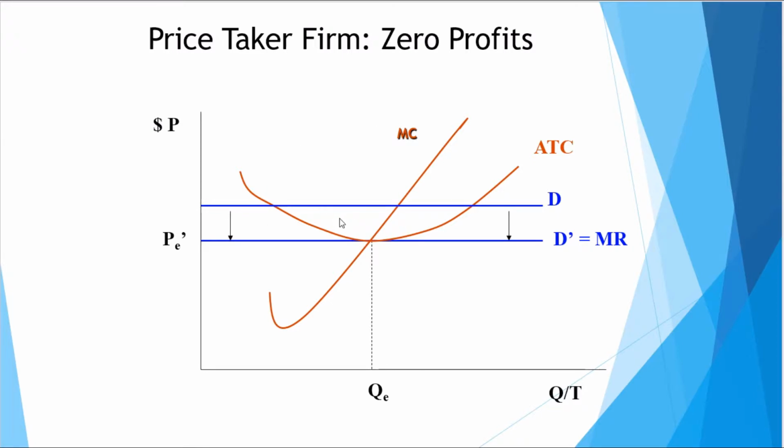So in the long run, as this demand curve or the marginal revenue curve keeps going up and down, during the time when it's below or when it's above the average total cost curve, this firm is going to operate in loss, which is where the funds in your bank kick in. If you can sustain this economic loss for a period of time, some of the other sellers, because of this loss, are going to go out of business, and then the price of this commodity is going to go back up.